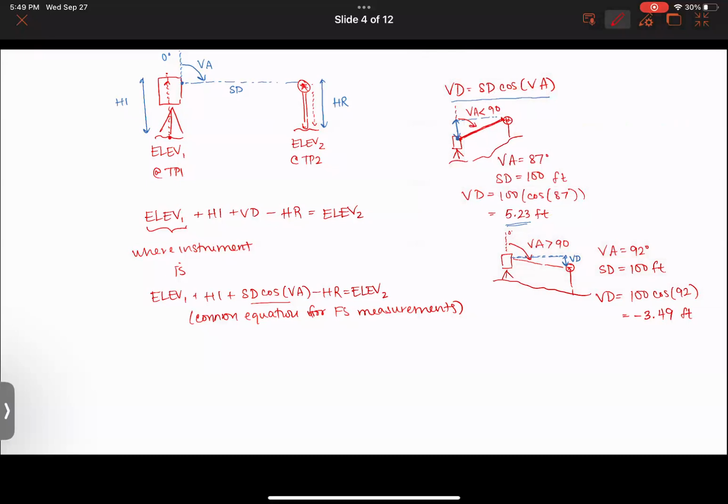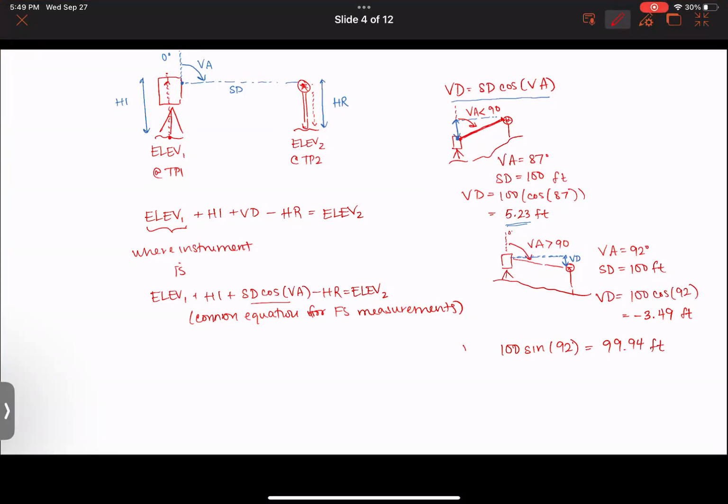You might say, what about sine? So in this particular case, what if I said instead 100 times sine of 92 degrees? I get 99.94 feet.